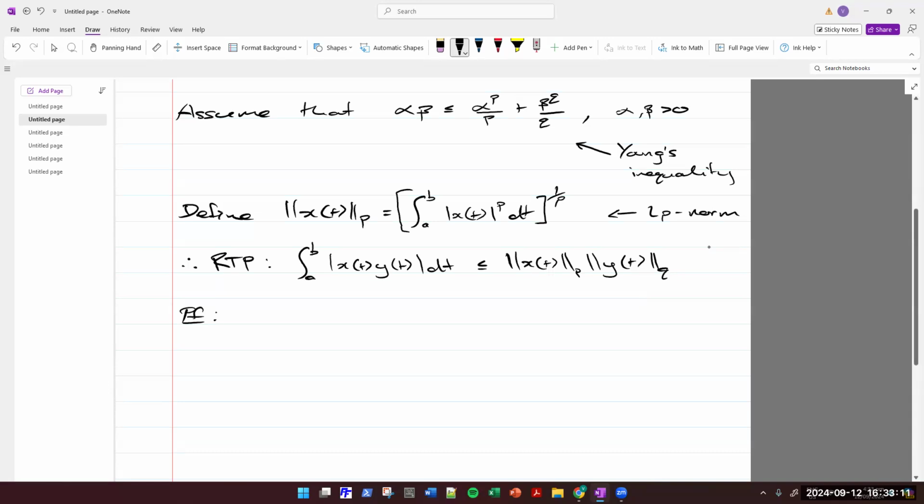First we just need to verify what happens if any one of these is zero. So if the norm of x, actually usually we don't even put x of t, we just put norm of x. Anyway, I'll include the t.